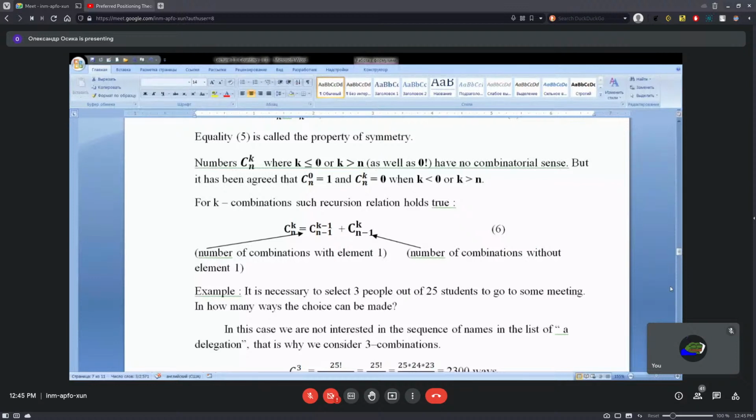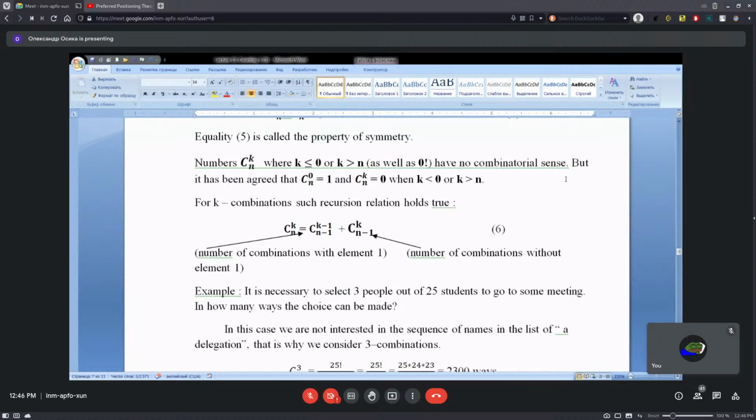Okay, numbers. N choose k, where k, the number of elements in the subset, is less than or equal to 0, or where k is greater than n, as well as n factorial that we agreed before so far, have no combinatorial sense.